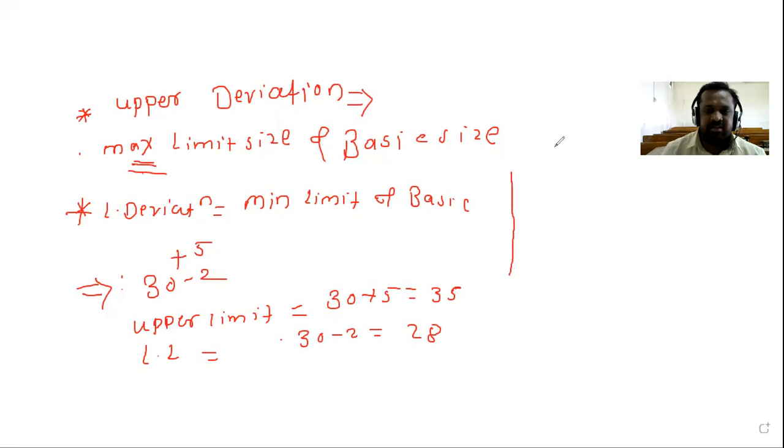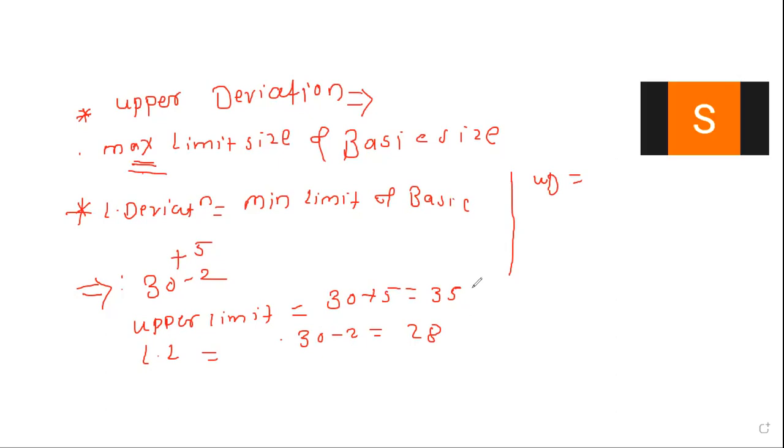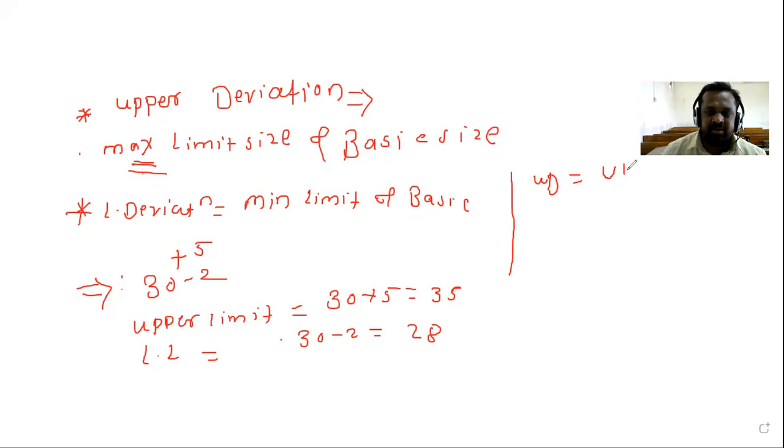Deviation. Okay, then what is the upper deviation? Upper deviation is equal to maximum limit size. What is the maximum limit size here? 35. Maximum limit size means upper limit, and minimum limit size means lower limit. Then I can write here: upper limit minus basic size. What is this upper limit?